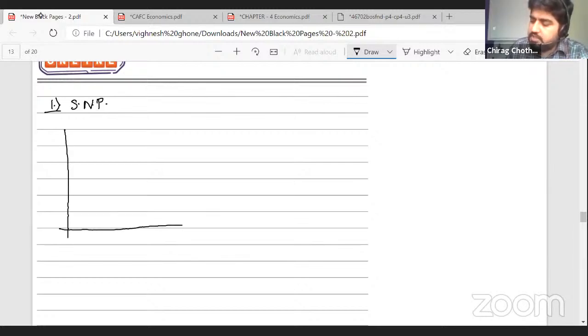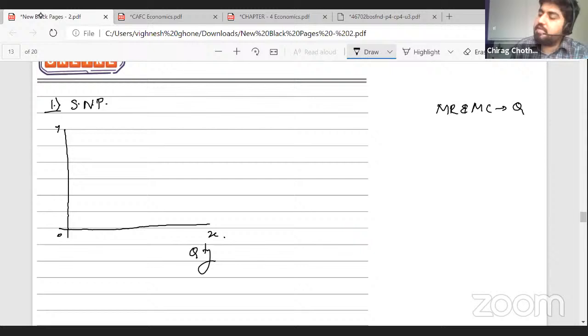The first thing, guys, in case of perfect competition, we have to draw the AR and MR curve. On the y-axis, we represent all the curves. On the x-axis, it will be quantity. Remember one thing: MR and MC help us in determining quantity. AR and AC help us in determining whether we are making profit or loss.